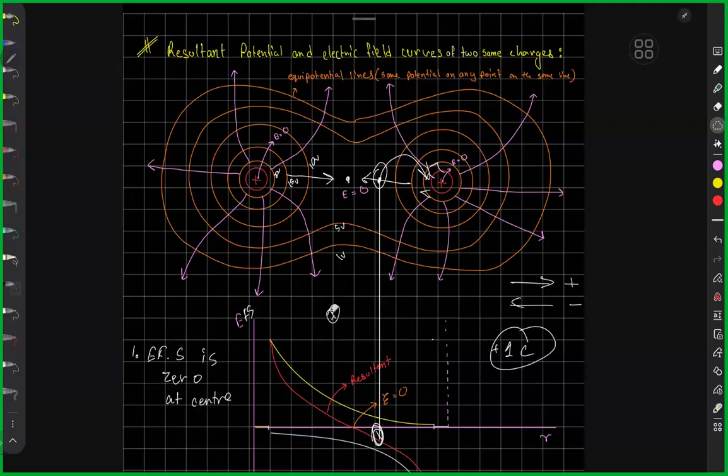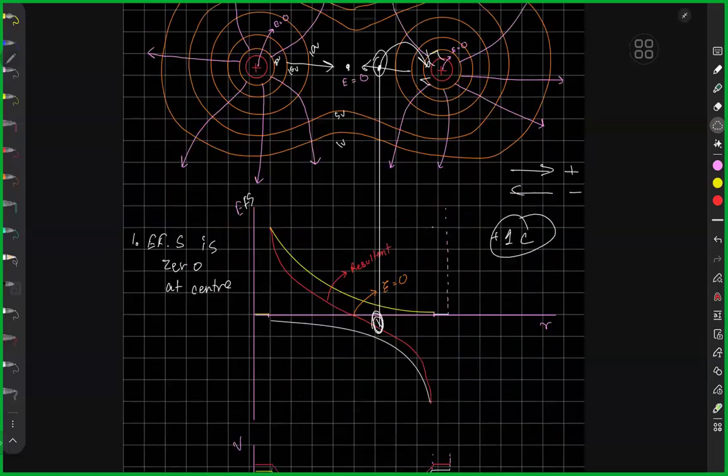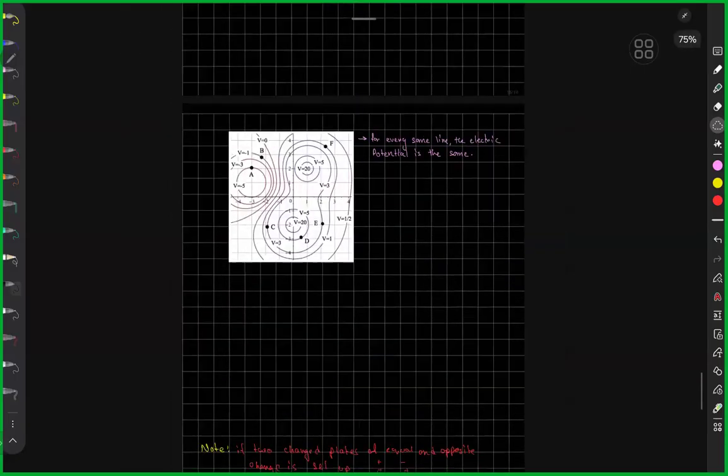So when you have positive charges like this, the potential concentric circles that you previously had combine together to have these lines. You'll see this again, somewhat like this.